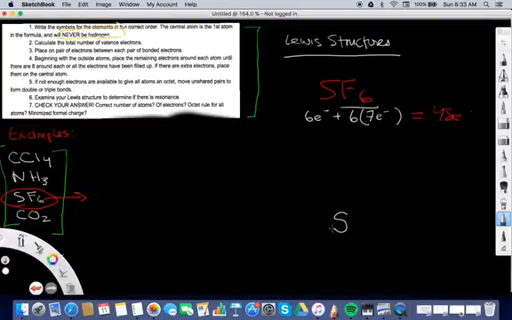So sulfur will be our central atom, in which we'll draw out our electrons. So 1, 2, 3, 4, 5, 6. So now we have 6 fluorines, and we have to figure out exactly what we can do. Well, remember, for the last one, I said we have to look for the electrons that really need another electron.